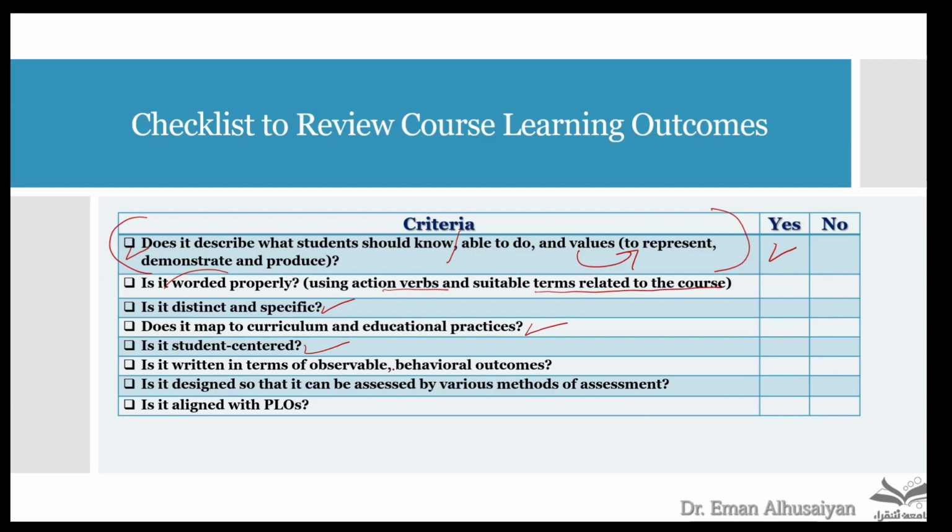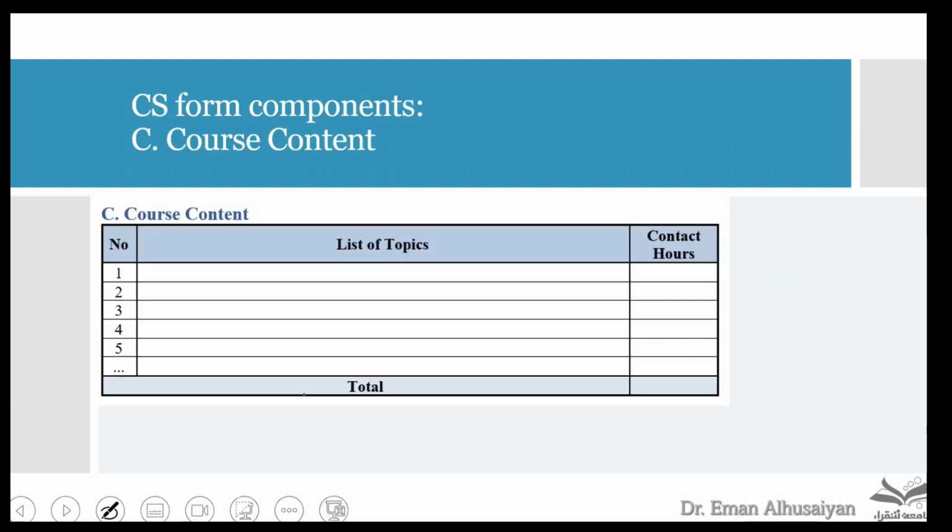Is it written in terms of observable behavioral outcomes? Is it designed so that it can be assessed by various methods of assessment, so they should be measurable, okay? Is it aligned with PLOs? So these, of course, if you try to find other checklists or guidelines, you will find tens of them, but I think these are the most important things for us for the time being.